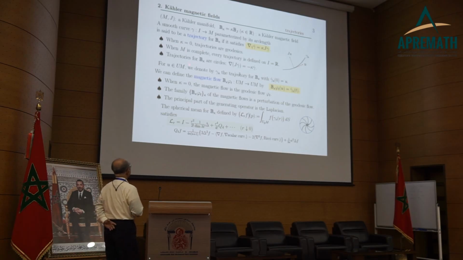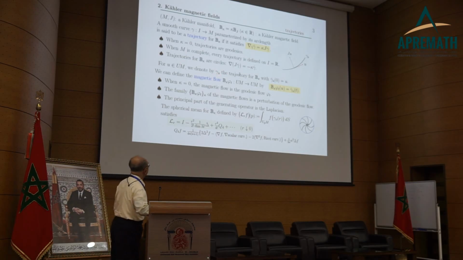Given a unit tangent vector u, we denote by gamma_u the trajectory for the Kähler magnetic field with initial vector u.